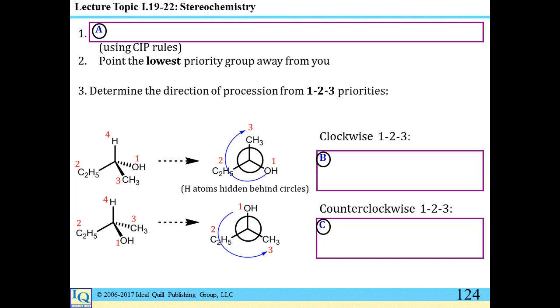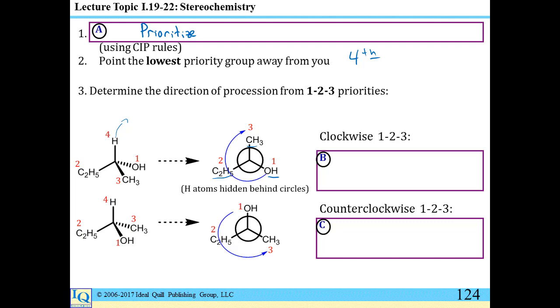Next, once we have applied these rules for prioritizing, we want to tilt our structure, reorient it in some way, such that the lowest priority group points away from us. Now the lowest priority is the 4th priority substituent. If we, for example, tilt this structure so that the H is pointed away from us, we have the OH, the ethyl group, and the methyl group, priorities 1, 2, and 3 towards us.